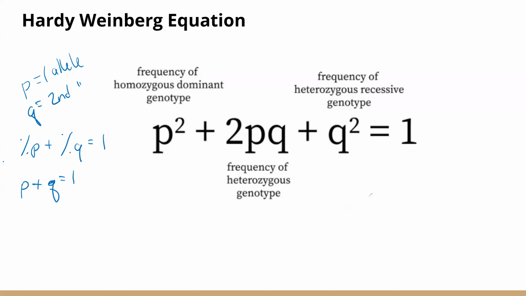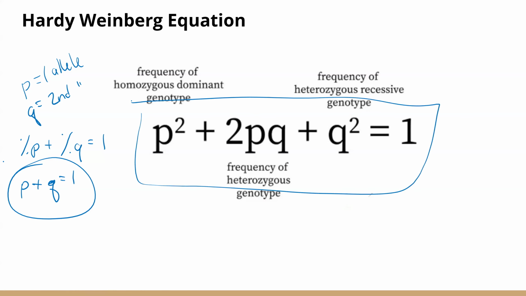It doesn't matter if we're talking about Hardy-Weinberg or looking at an actual population. This is always going to be true. The squared equation is only going to be true when we have a population in equilibrium. So p squared is the frequency of the homozygous dominant genotype. This is the allele, so these are alleles, and these are genotypes.